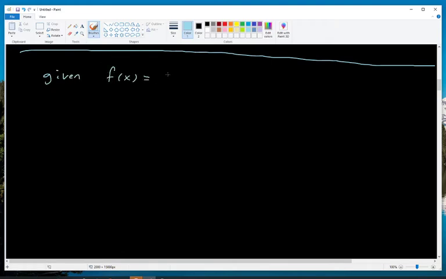So let's say given f of x equals x cubed minus 2, we want to find the inverse f inverse of x. We use f to the negative 1 of x to represent the inverse if f of x is one-to-one.